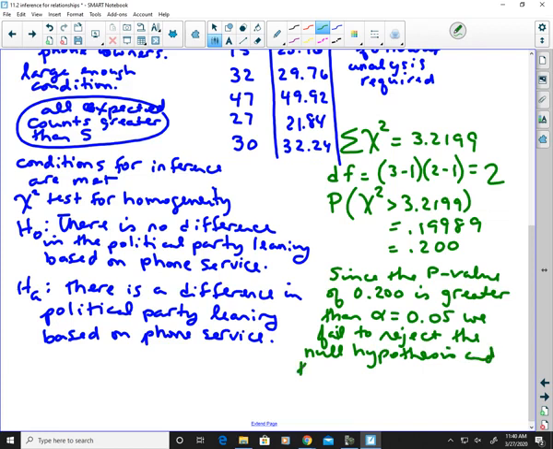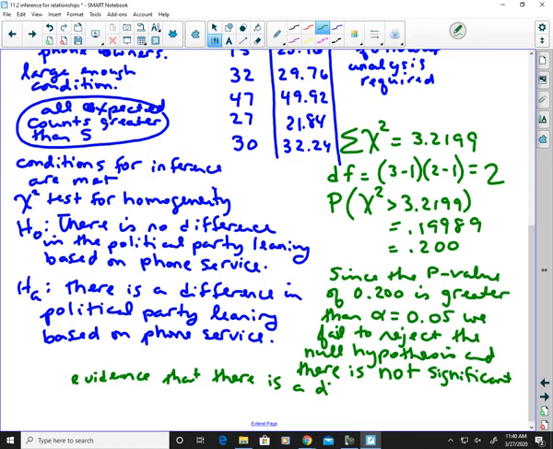And there is not, don't say no, say not, because there's some evidence, but not enough, not significant evidence that there is a difference in political party leaning based on phone service.